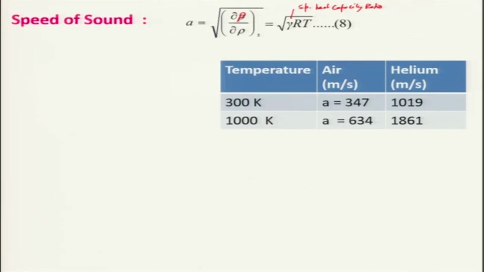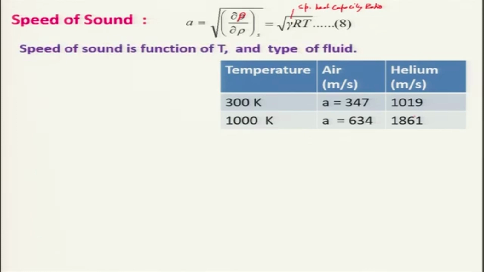If it is air at a temperature of 300 Kelvin, the speed of sound is 340 meter per second. However, when the temperature increases to 1000 Kelvin, the speed of sound is 634 meter per second. But if you use 300 Kelvin and the sound is propagating through helium instead of air, then the speed is much higher, that is 1019 meter per second. And as the temperature increases to 1000 Kelvin, it is higher still for helium.